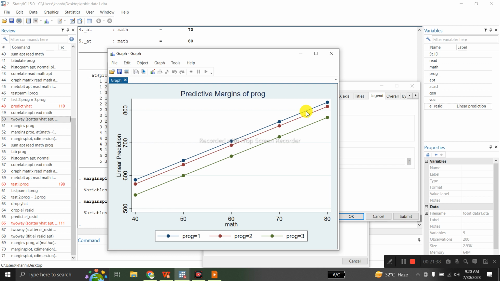So this is how we estimate and interpret the Tobit regression model, its marginal expected values, and its profile plot.